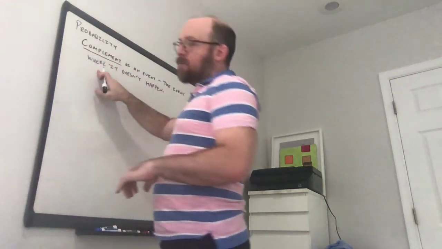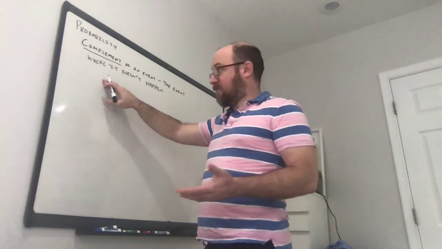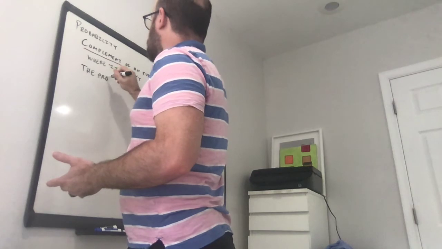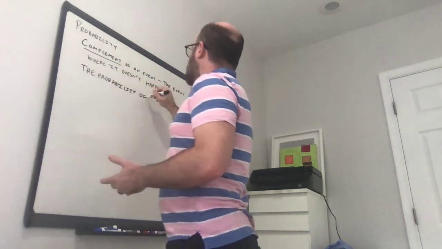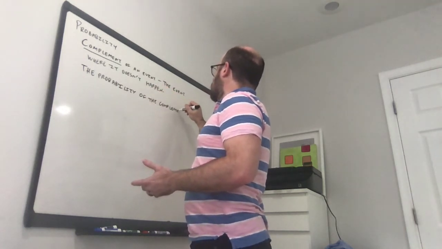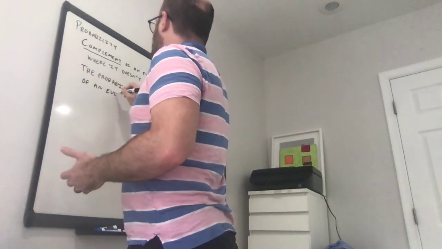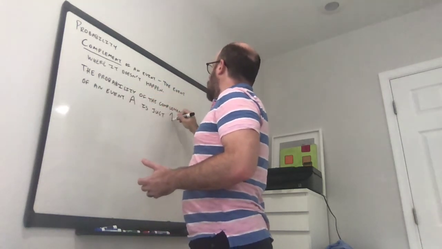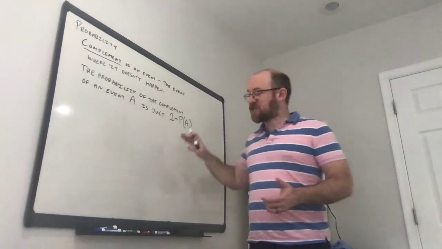So the nice thing about the complement is that it's very easy to compute if you already know the probability of the event. So the probability of the complement of an event A is just 1 minus the probability of A. And I'm just going to use this as shorthand.